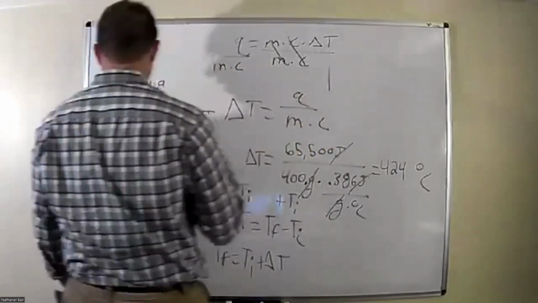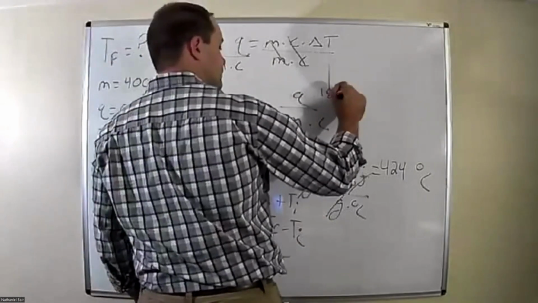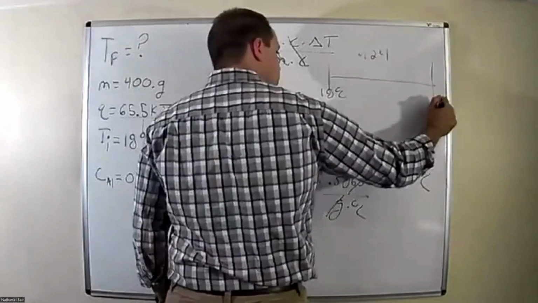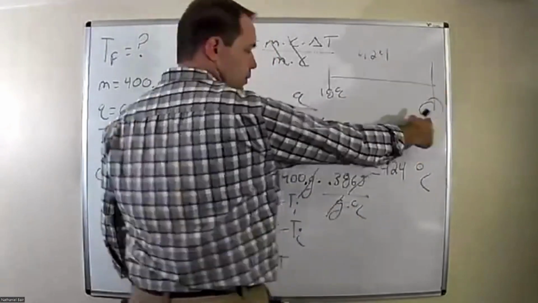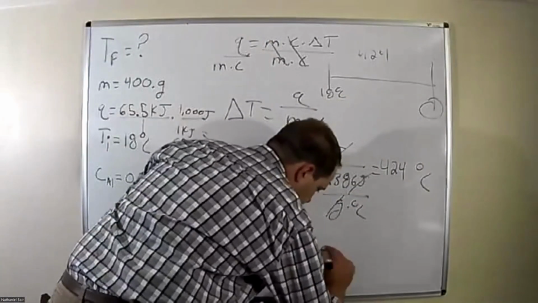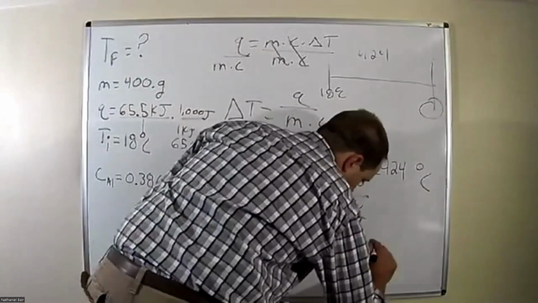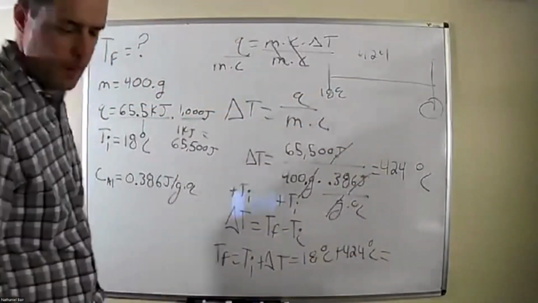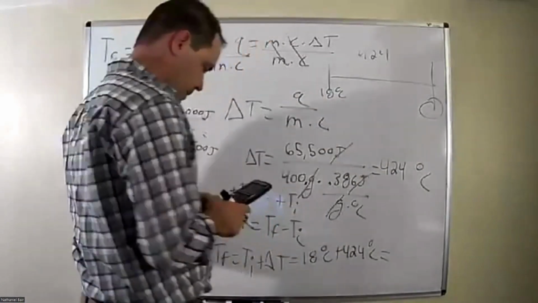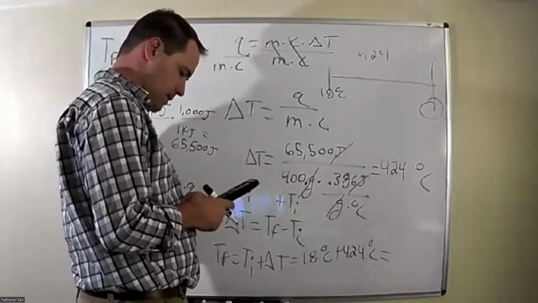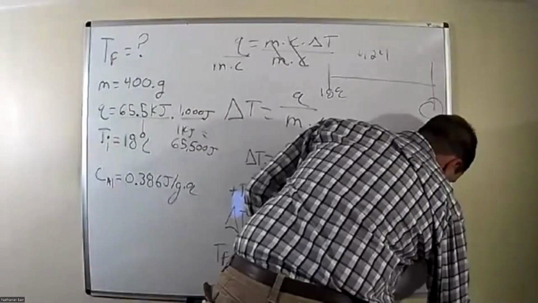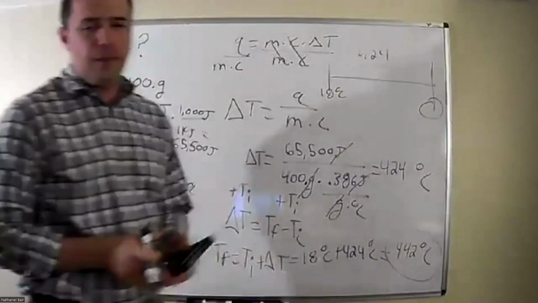We're starting at 18. We're going to change by 424. What will be the new one? Well, 18 plus 424 will be your new temp. So here we go. 18 degrees Celsius plus the 424 degrees Celsius temp change.